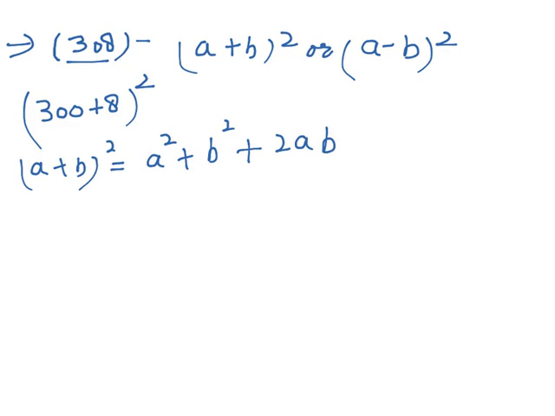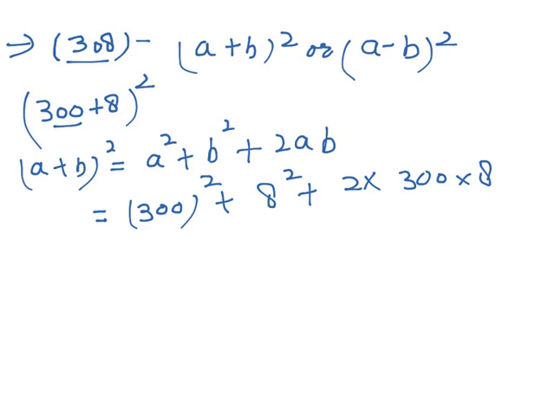As we all know, finding the square of a number that ends with 0 is much easier than finding the square of a number like 308, 309 and so on. So here what we can do, (a plus b) whole square is 300 square plus 8 square plus 2 times 300 times 8.